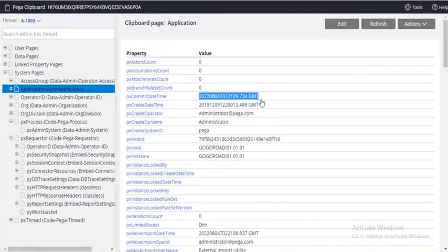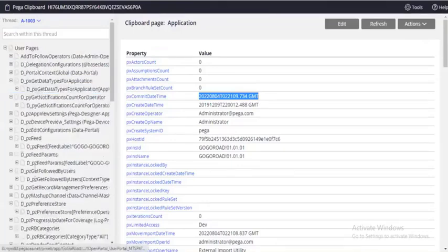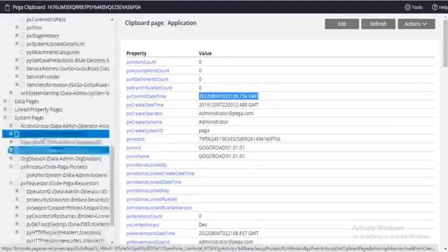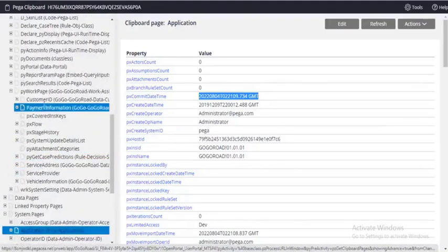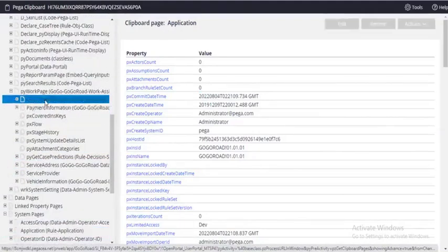So one question: do these properties come under only system pages, or under all the pages? No, if you see the user page, suppose you have clicked on customer ID.